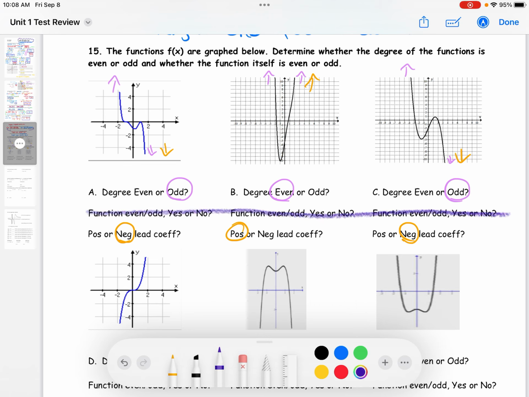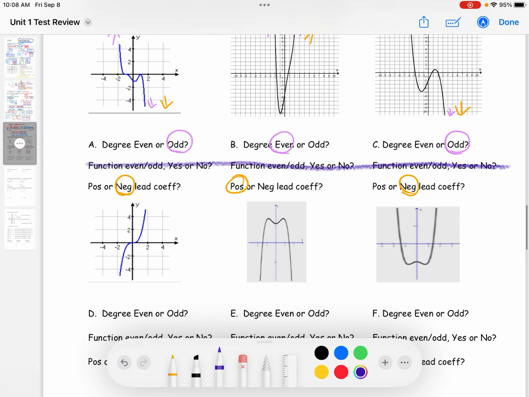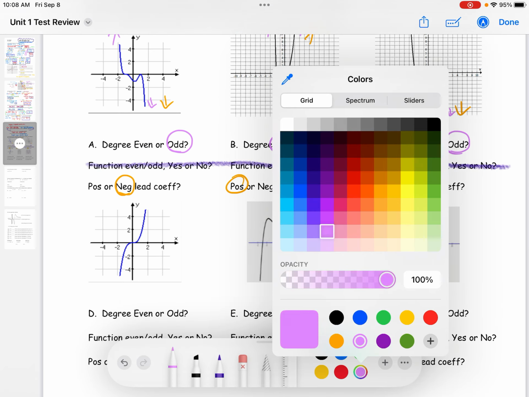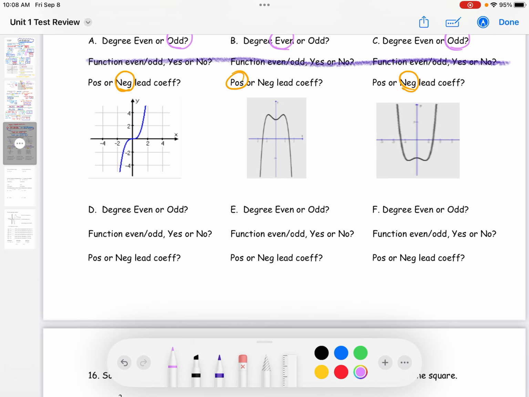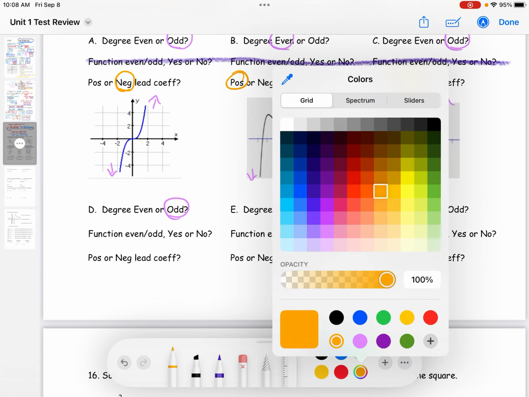And we can disregard the function being even or odd. It goes with the degree. So let's look at D, E, and F. On D, we have a down and an up, so that's odd. On E, we have a down and a down. That makes it even. F is up and up. That makes it even.